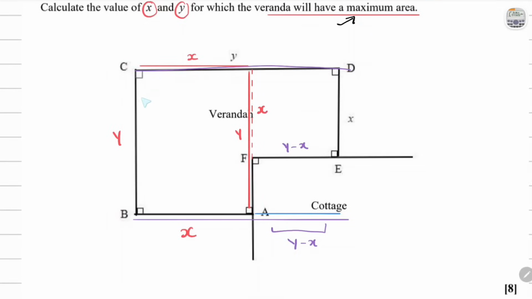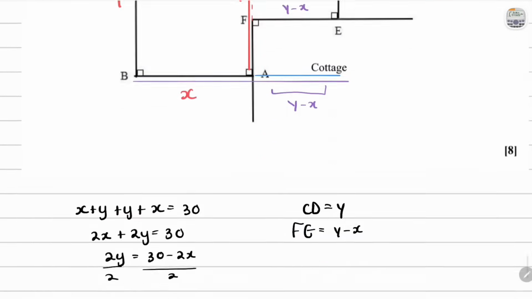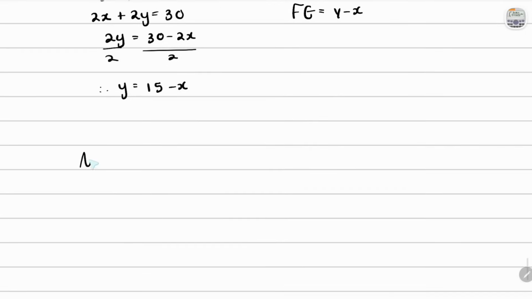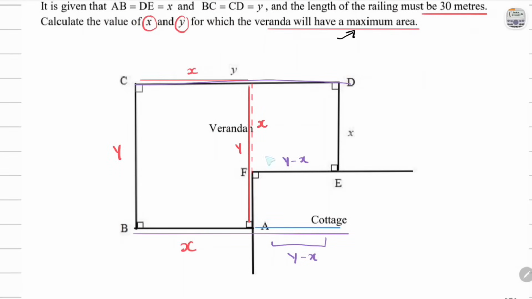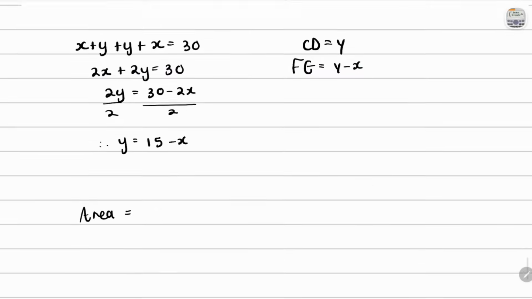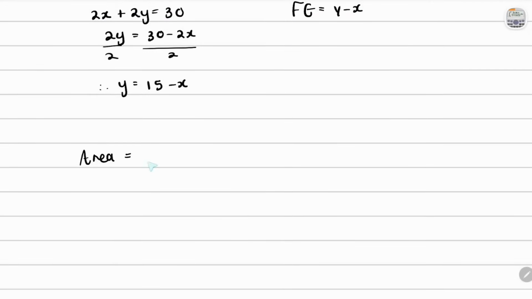So we'll find the area of this bigger part first. So the area of the entire veranda is made up of this. We'll say area equals, so this bigger part is length times breadth. So we're going to say y multiplied by x. Okay, so that's what we have there. So we'll leave it as y at first, y multiplied by x.